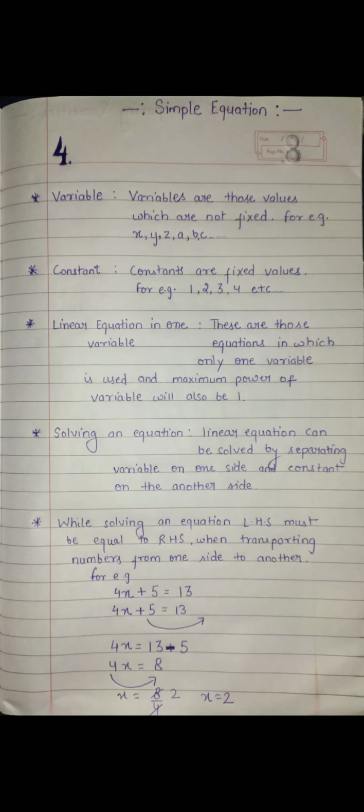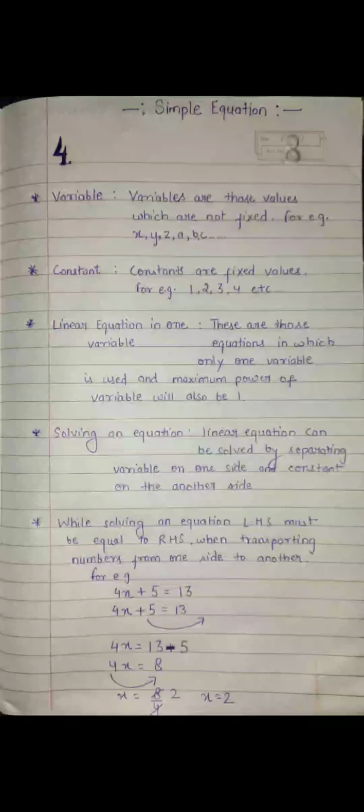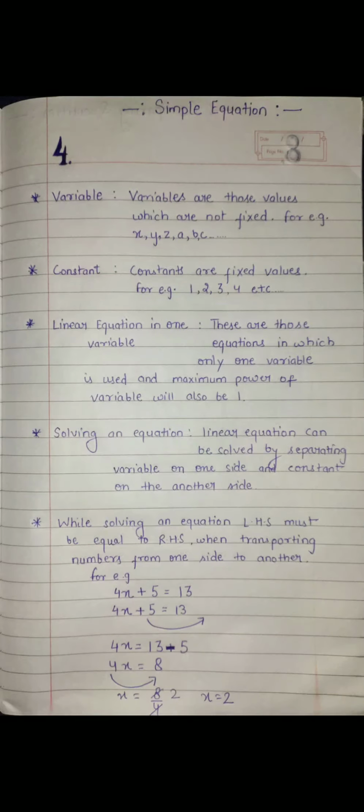Now moving further, this chapter is all about linear equations in one variable. What is a linear equation and what does one variable mean here? This chapter includes only those equations which have only one variable at a time. So that is why this chapter is linear equation in one variable. Now why linear equation? Because there are no powers.